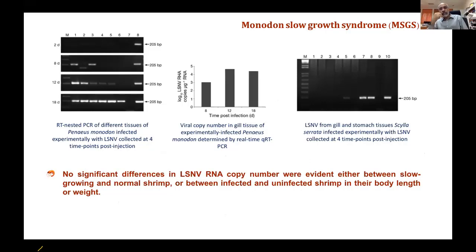We found that the infection progressed, but it did not lead to slow growth or retarded growth in the animal. Though it was not a very conclusive study, we found a change in the progression of viral load in the infected animals, but it was not leading to the production of slow growth.